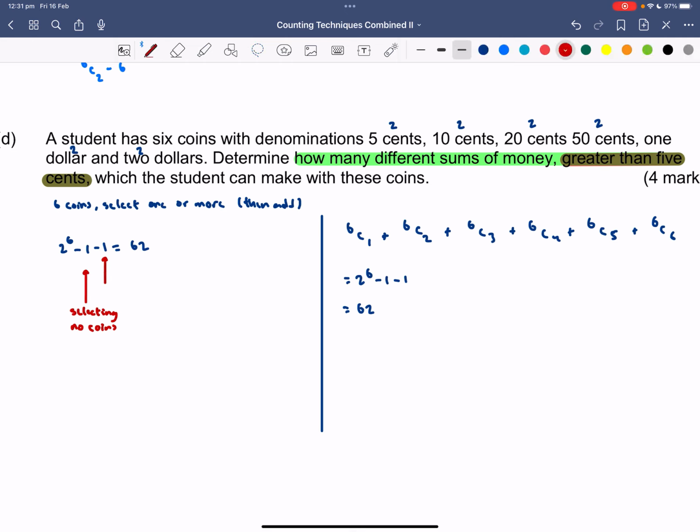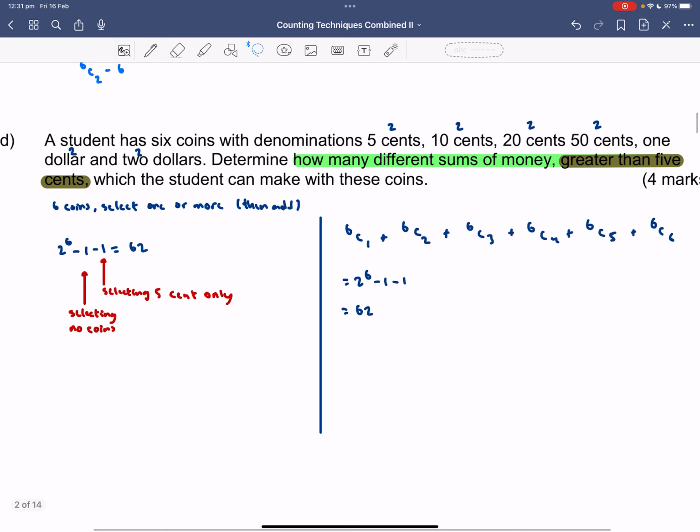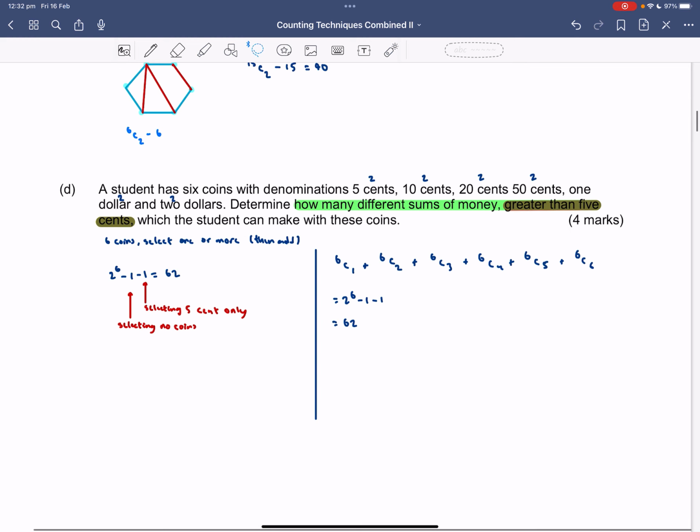So selecting no coin and selecting the 5-cent coin only. Those are the 2 I minused away. Now that's really weird, right? It's weird because usually anything worth 4 marks in counting techniques, you got to do all the different scenarios. So I don't know why that question is so easy, but nonetheless, that is what it is. Okay? Perfect.